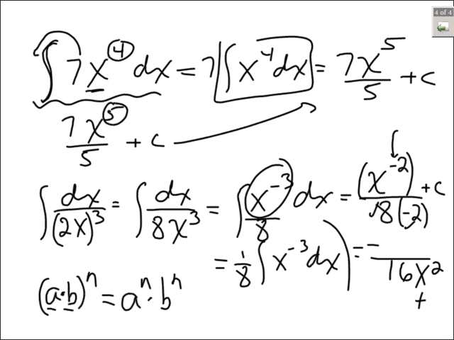Okay, of course, plus c. Now you may say that there's no numerator. Well, that's not true. I can always multiply by 1. 1 times x to the -2, that is the 1 stays. Okay, realize that you're not going to bring the 2 up to the numerator. There's no reason.